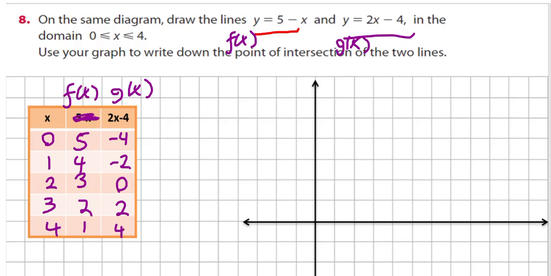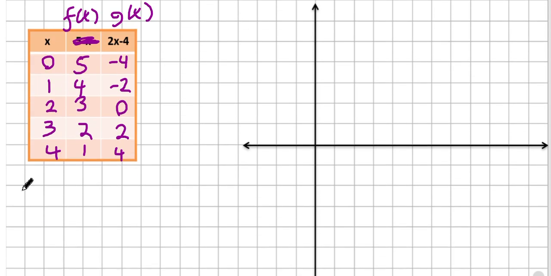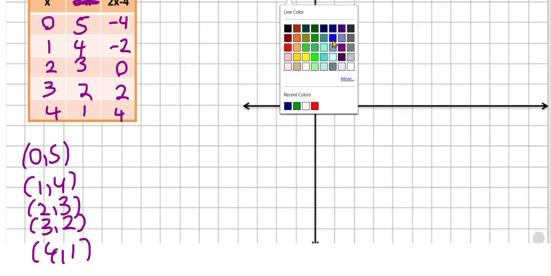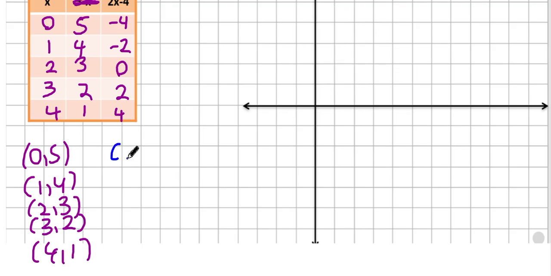Okay, so there's actually two sets of points here. There's 0, 5; 1, 4; 2, 3; 3, 2; 4, 1. And then on the other one, there's 0, minus 4; 1, minus 2; 2, 0; 3, 2.